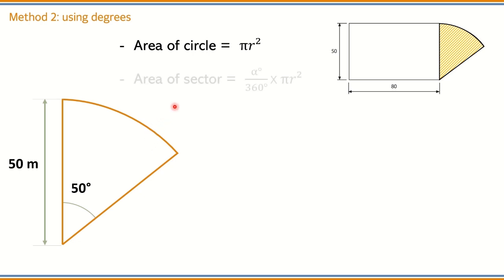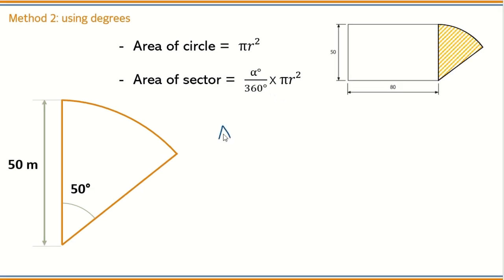To find out this fraction, we need to divide the angle of the sector by 360 degrees, because a full circle is 360 degrees, and times it by the full area of the circle. So the area of the sector is going to be 50 over 360 times pi times 50 squared.